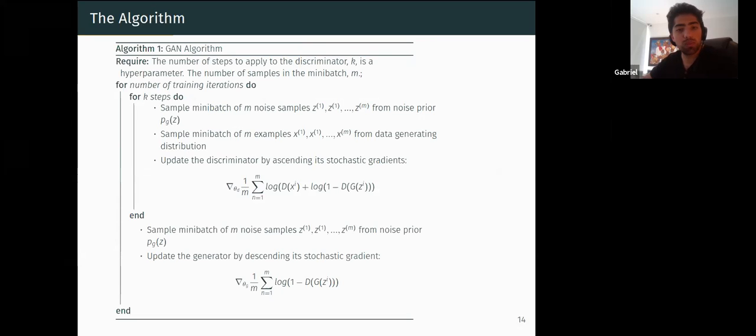We sample from the real distribution and make the calculation and ascend its gradients for the discriminator, and then we update the generator, and then we update the discriminator, and we go on and on and on, and ideally it becomes a positive feedback loop in which the generator and the discriminator, through their mutual feedback, actually improve each other, and thus the generator starts providing realer and realer samples each time, and the discriminator becomes better and better at distinguishing between generated data and real data.